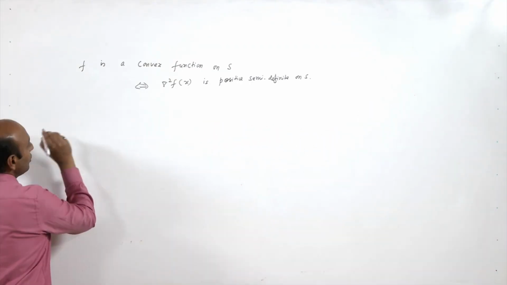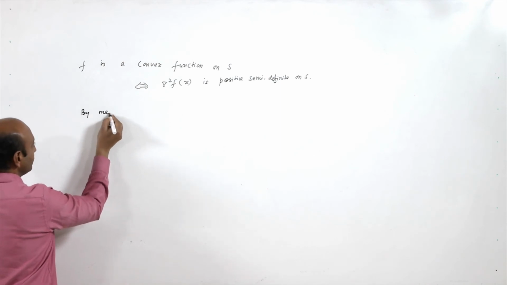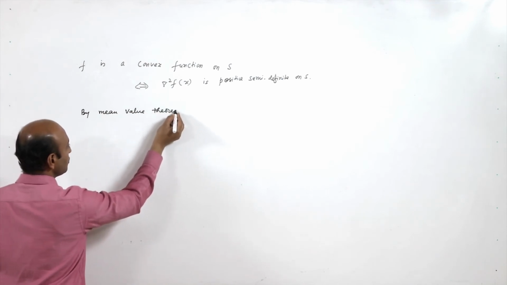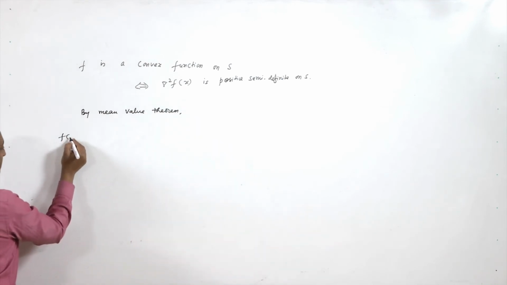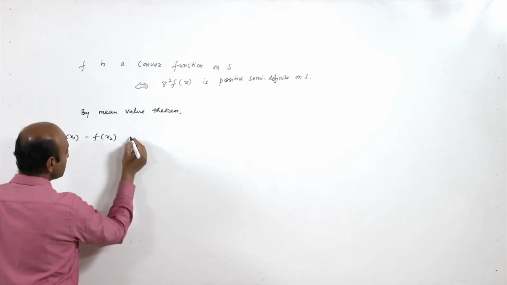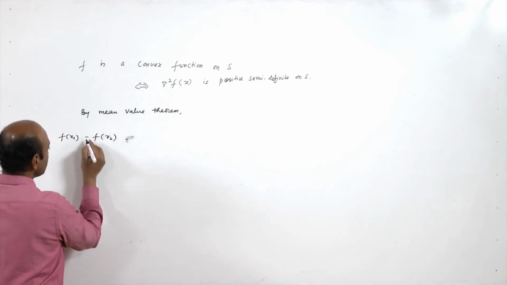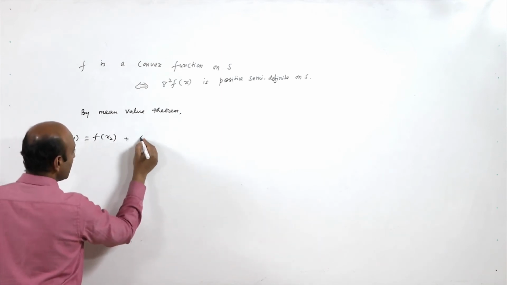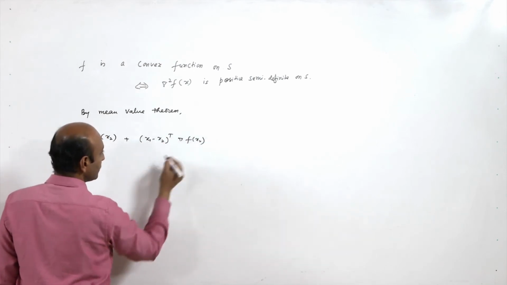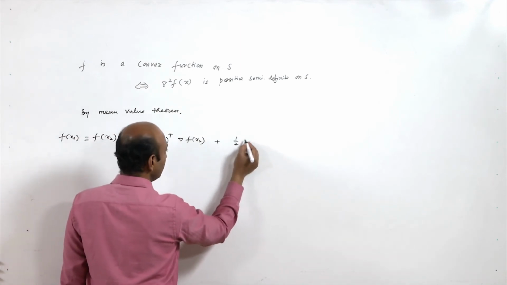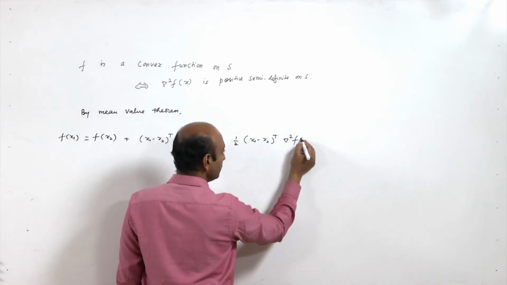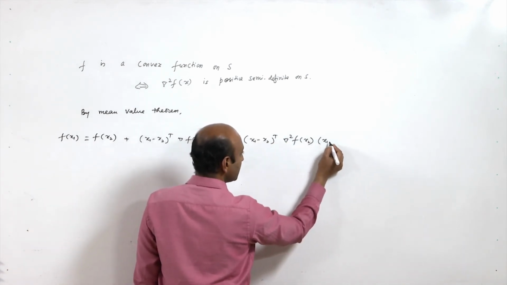So, by the mean value theorem, we have to apply the mean value theorem here. By the mean value theorem, since the function is twice differentiable, f x1 is equal to f x2 plus x1 minus x2 transpose gradient f x2 plus 1 by 2 x1 minus x2 transpose gradient square of f x cap into x1 minus x2.